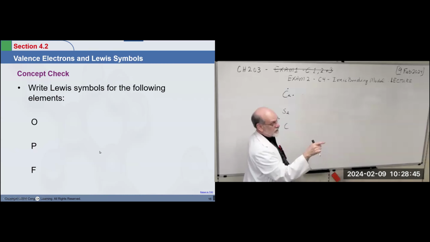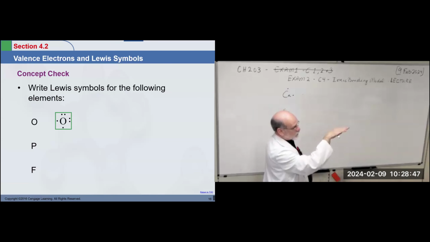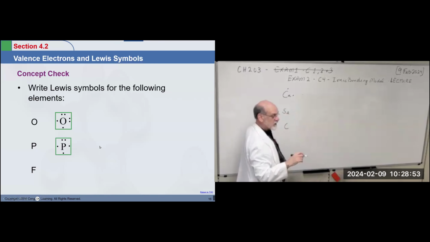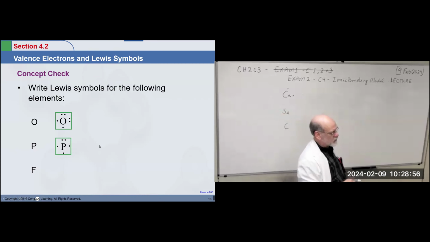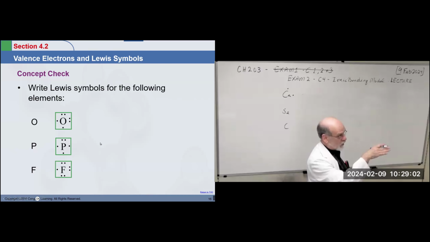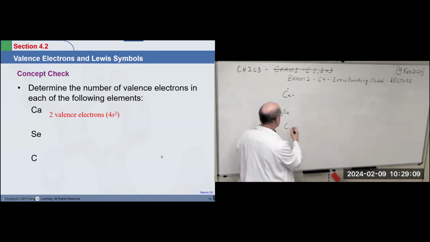Okay, selenium is, we move over from potassium into the p orbitals. And selenium, look how many electrons selenium would need to look like krypton. It needs 2 electrons to get to krypton, right? It goes 1 to bromine and another 1 to krypton. So in other words, it's 2 electrons deficient.